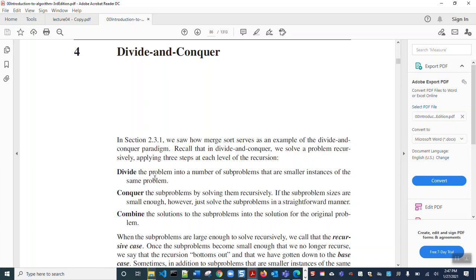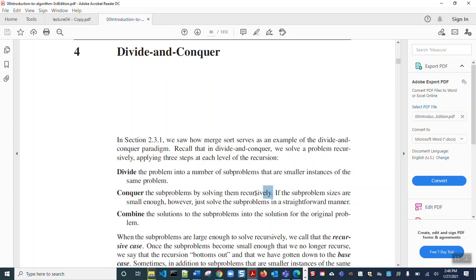The division part is to divide a large problem, or a large data set that we need to sort or search, and then conquer, that means conquer the subproblems by solving them recursively.